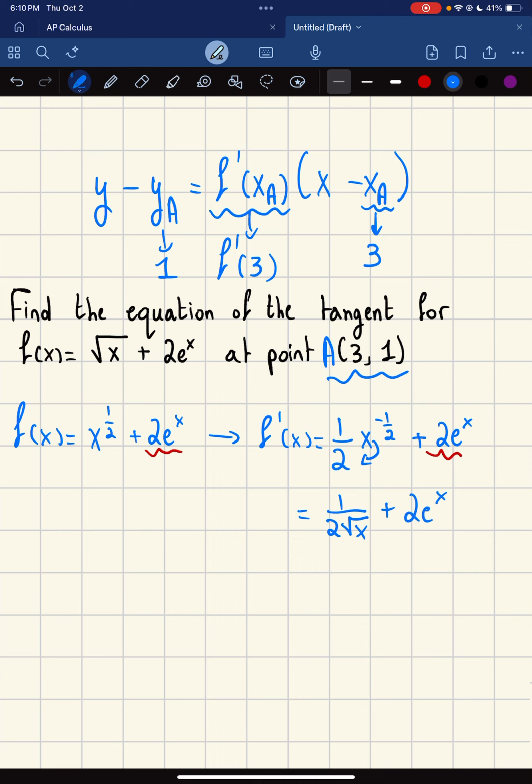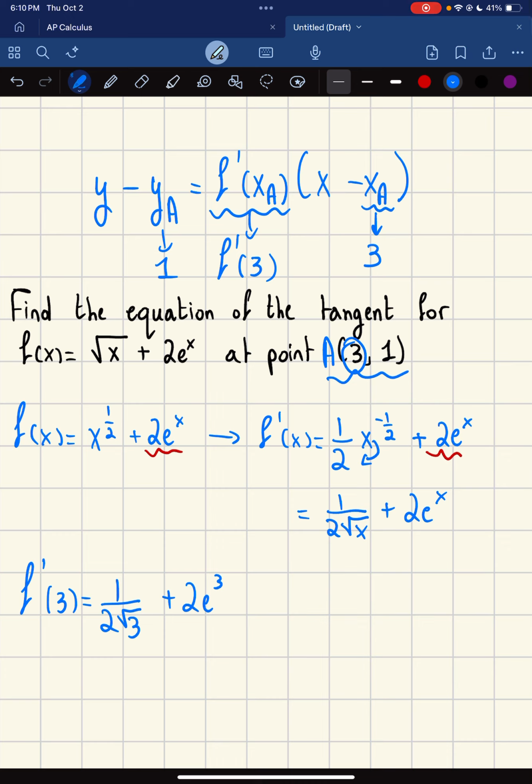Now we're going to replace x with 3, because this is what we need to find. So f prime of 3 will be equal to 1 over 2 square root of 3 plus 2e to the power of 3.